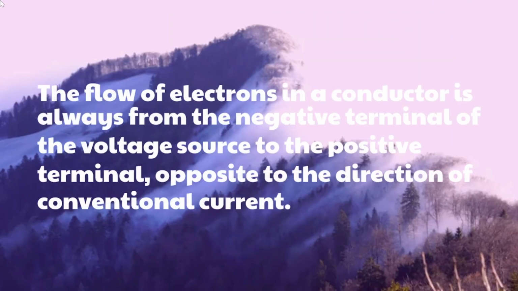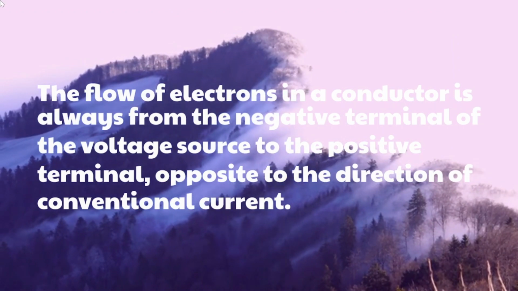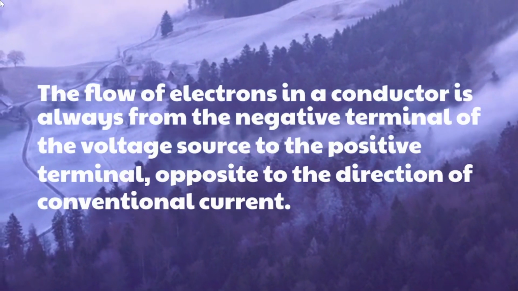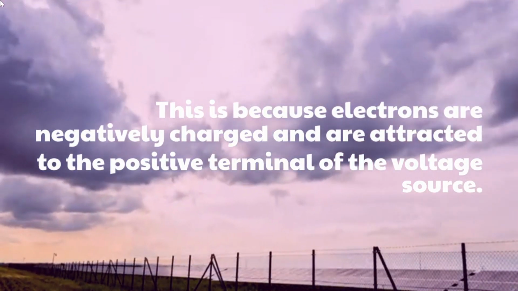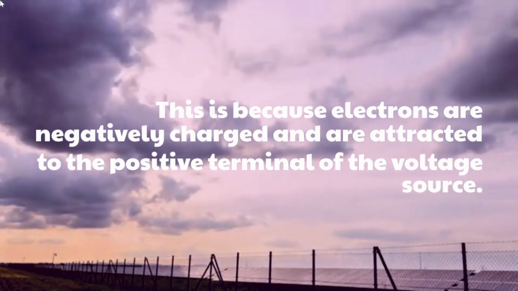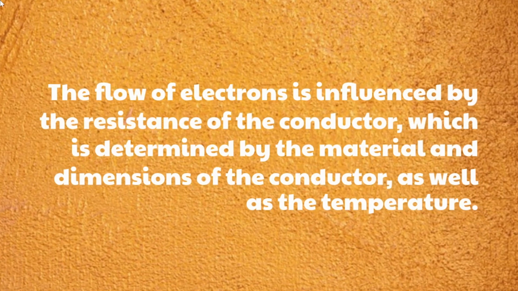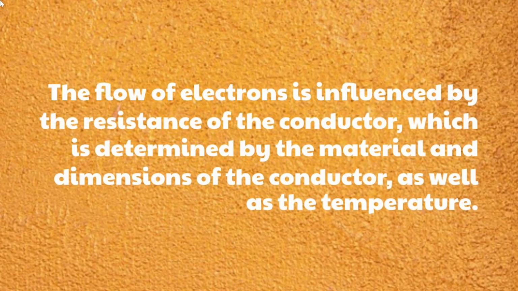The flow of electrons in a conductor is always from the negative terminal of the voltage source to the positive terminal, opposite to the direction of conventional current. This is because electrons are negatively charged and are attracted to the positive terminal of the voltage source. The flow of electrons is influenced by the resistance of the conductor, which is determined by the material and dimensions of the conductor, as well as the temperature.